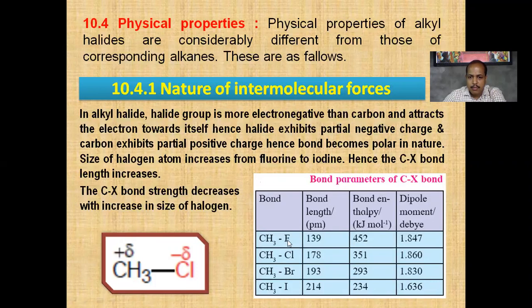For methyl fluoride, the dipole moment in Debye is 1.847, and that of methyl iodide is 1.636. So from this we can learn that as the size of the halogen atom increases in the same type of alkyl halide, the bond length increases, while the dipole moment decreases from fluorine, chlorine, bromine to iodine. Okay. Now you should read this slide carefully.